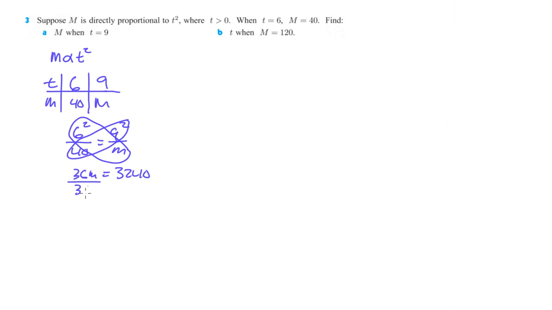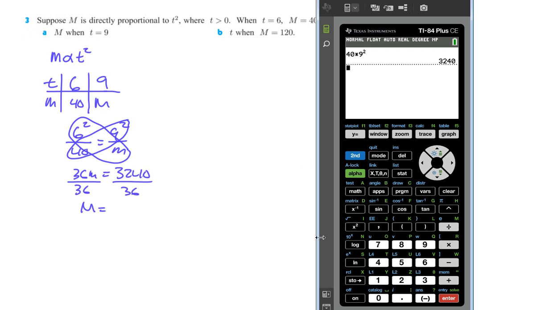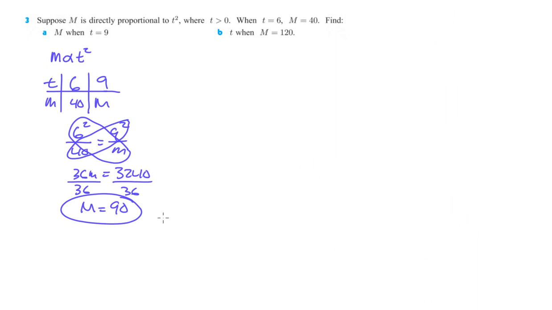Then we divide both sides by 36, and we get 90. So m should be 90 when t is 9.